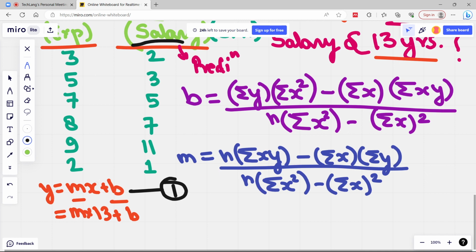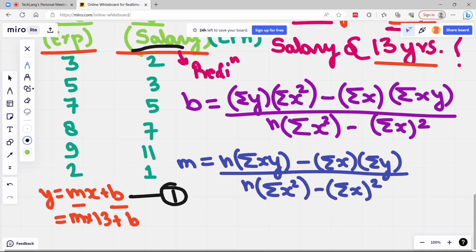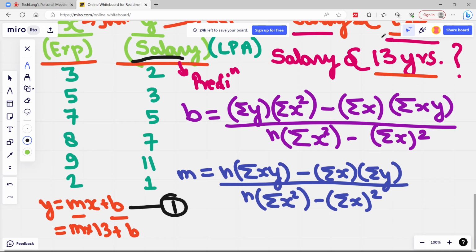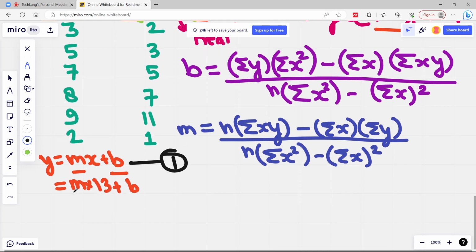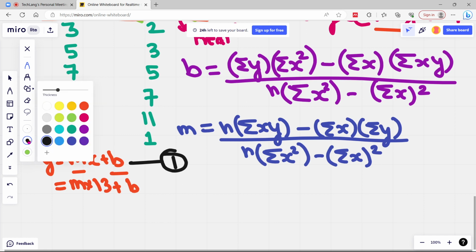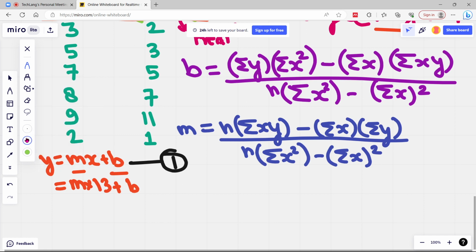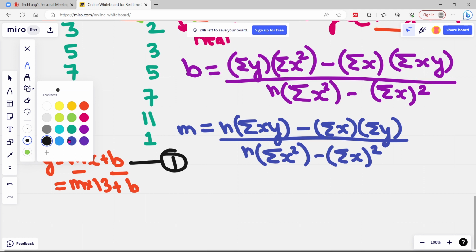If you know the value of m, if you know the value of b, and we had a question mark for a 13 years experienced employee. So I need to calculate the value of m and b. Now, how to calculate the value of m and b? Let me explore that question.